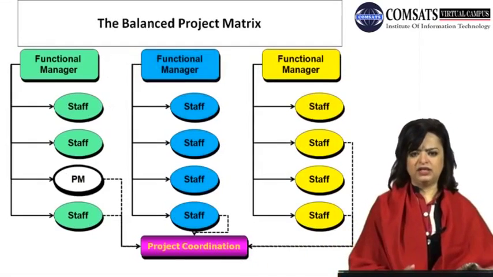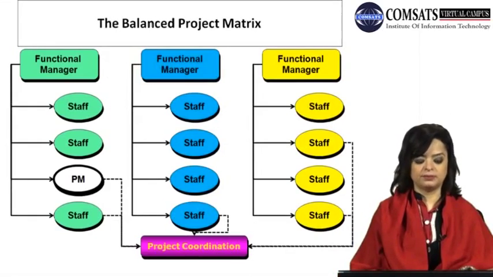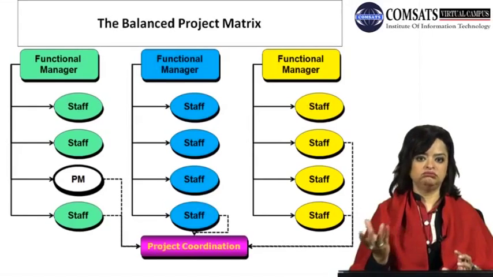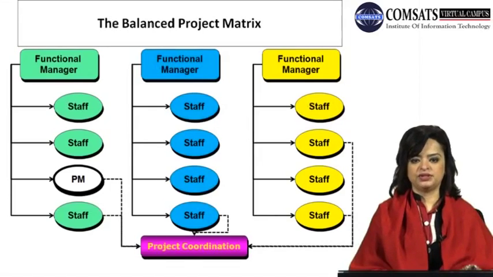Let's look at what this balanced project matrix is. Now let's look at 3 situations. There are 3 functional managers. The project manager has been assigned. So if you start thinking of the creation of a lab in a typical hospital, you were the admin staff or the administrator of the hospital operations.